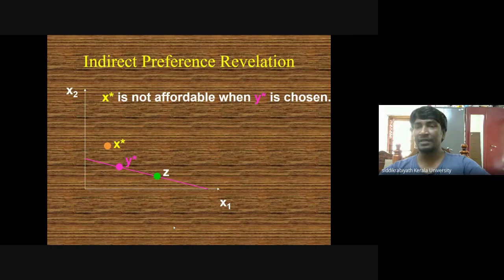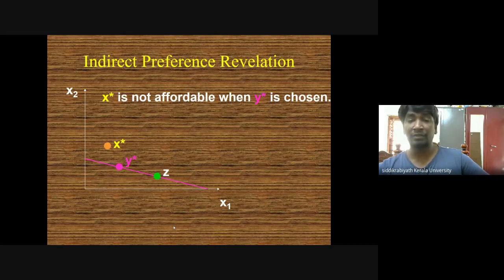That implies that z is not chosen by the person, or it is an inferior commodity as far as the choice revelation of the consumer is concerned. So z is rejected by choosing y star.